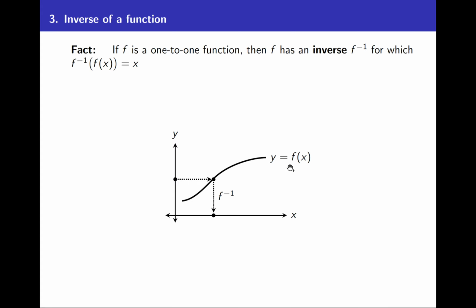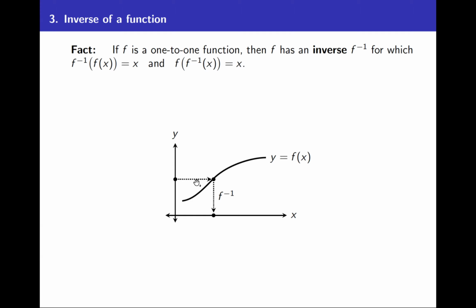Given the graph of f, to get f inverse, you essentially run f in reverse. From a y value, what is f inverse of that y? You go over to the graph and then vertically to the output for f inverse. So f inverse of f of x equals x. F inverse is undoing what f does. And if you think about it, also f of f inverse of x will equal x.